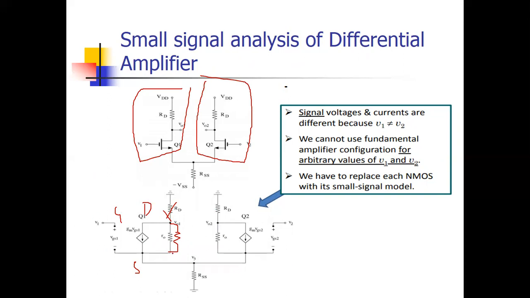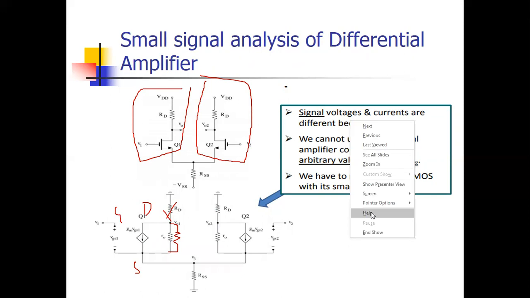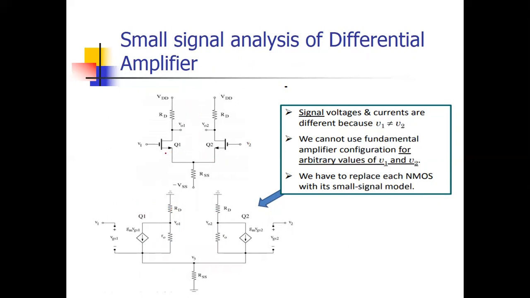Now both are connected to this RSS. Again, listen, if you want to do small signal analysis, you have to draw the small signal model. And if you remember, I have explained for this MOSFET, this is fixed: gm VGS, and the gate current is 0.